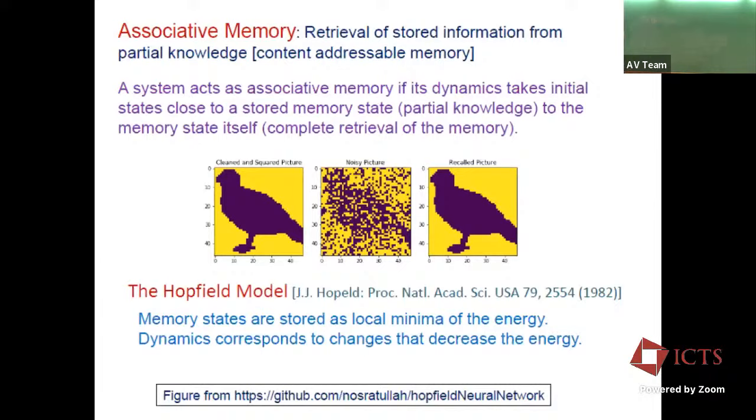Then, since sigma i equals tau i for all i is the ground state, if I start with a state which is not quite that, but which is somewhat corrupted, which will have energy higher than the ground state energy, and if my dynamics is that I'll change a spin only if that spin flip is going to reduce the energy, then this dynamics will take you to the stored pattern.